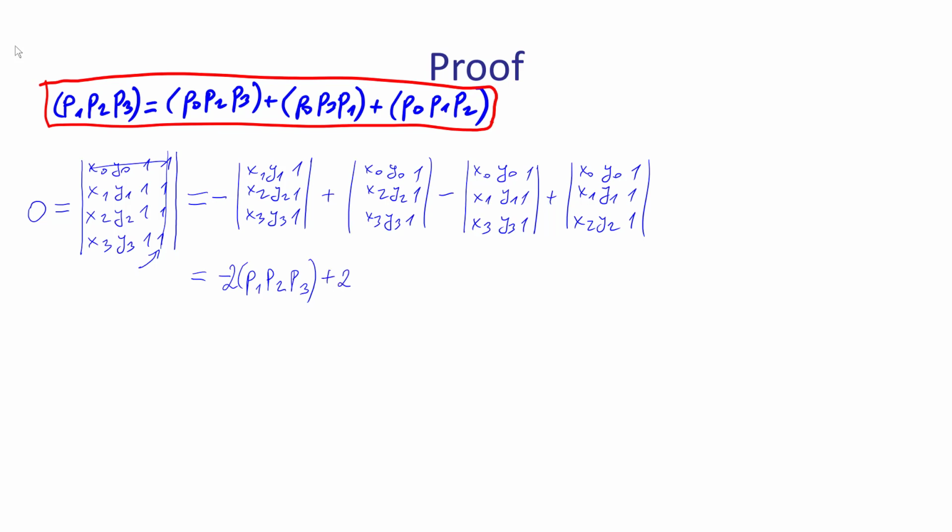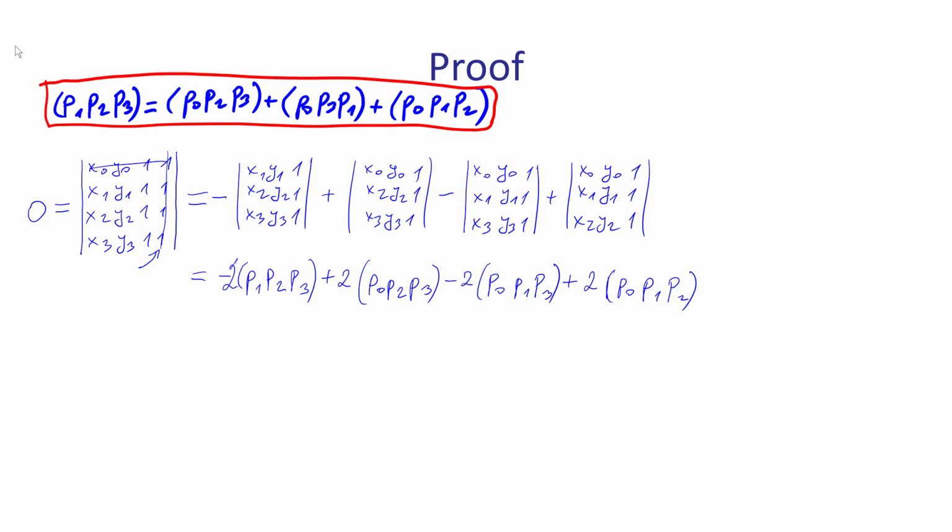Plus twice the second one, which is P0, P2, and P3. Minus 2 times this one, which is P0, P1, and P3. And the last one is P0, P1, and P2.